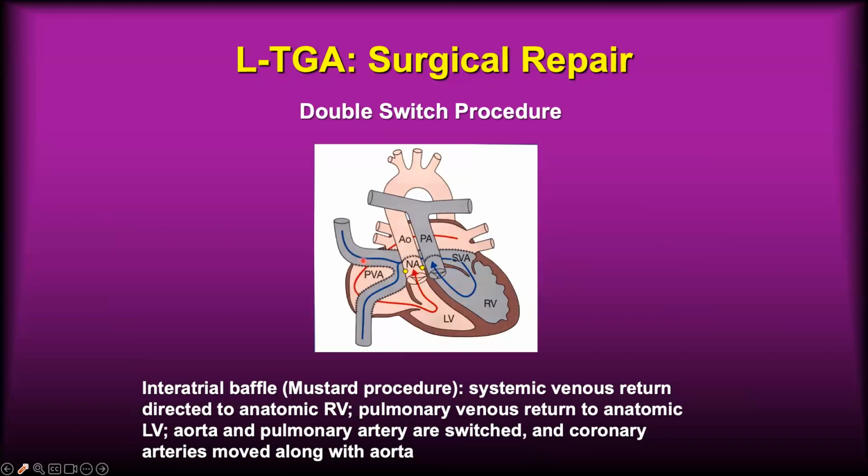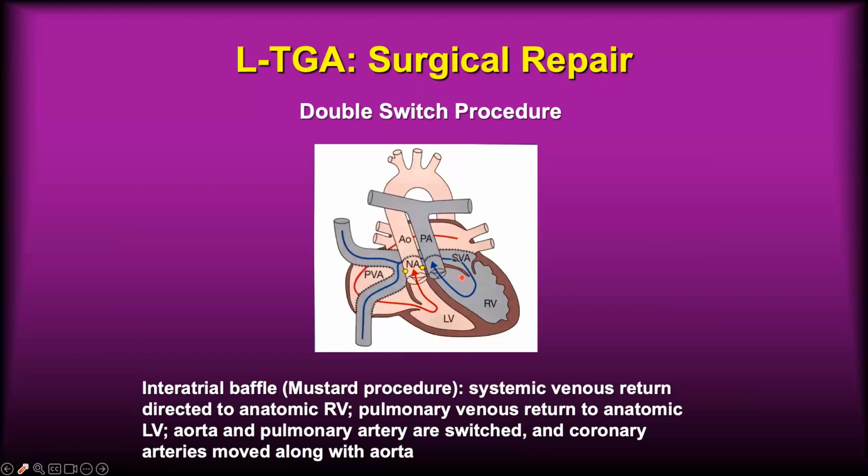All right, so we're taking the systemic venous return, and we want it to go to the right ventricle, the right side of the heart, right? So it can go to the pulmonary circulation. So it's on the other side, so we've got to baffle it over to go to the systemic venous atrium right over here.